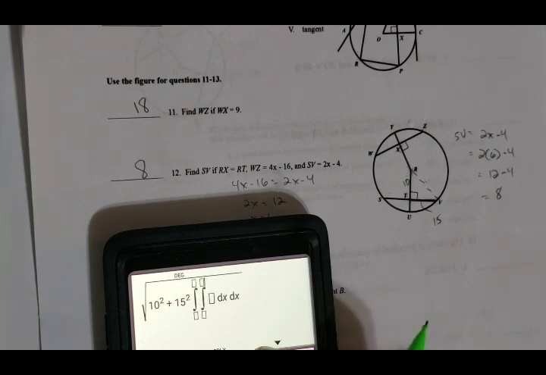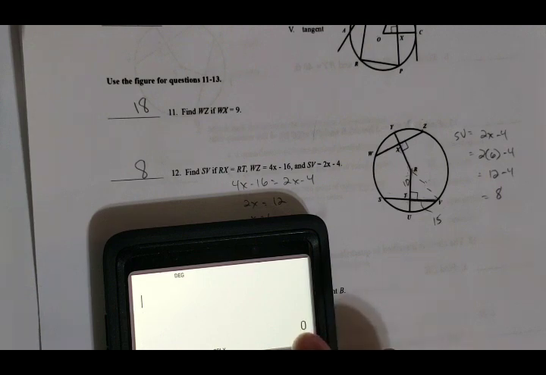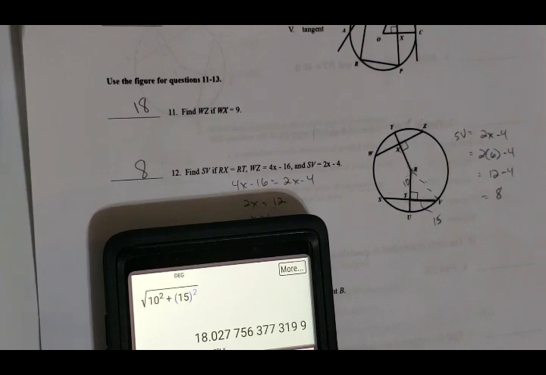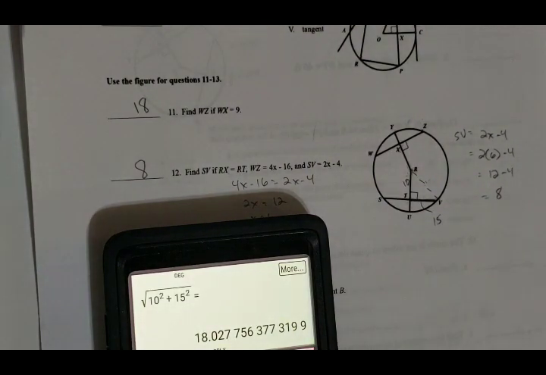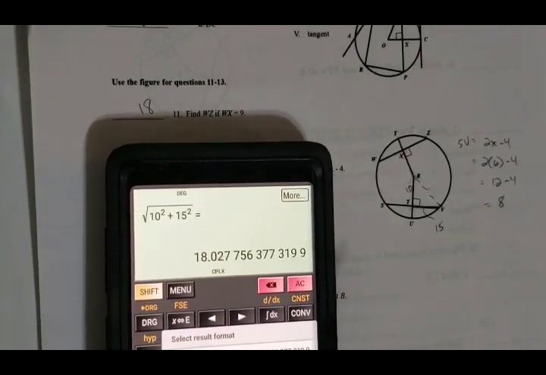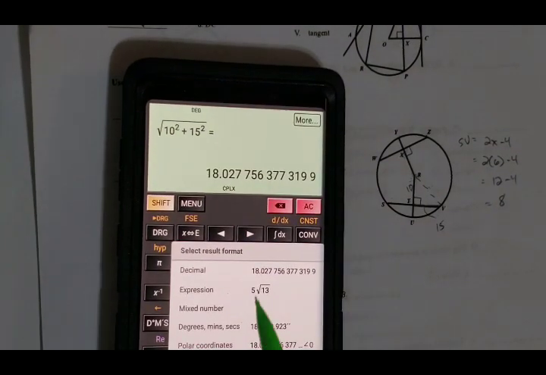Oops, wrong button. Let me try that again. Square root of 10 squared plus 15 squared equals, I don't know where my expressions are. Here they are. Equals 5 square root of 13.